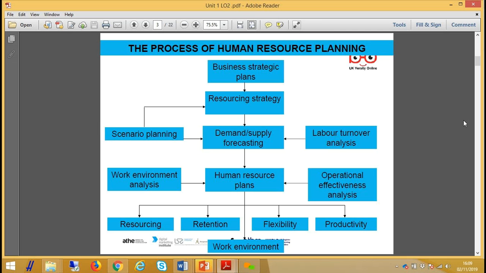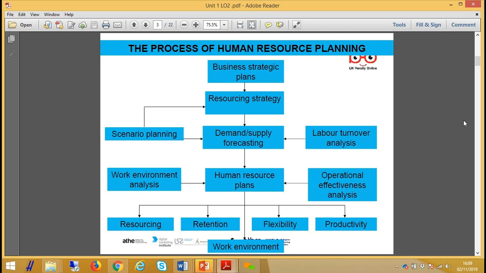So this is a pictorial representation of the process. The obvious place we usually start with is the organization's strategic plan or the business plan. So whatever the organization has prioritized for the next 1 year or 3 years or 5 years as its key priorities and strategy forms the basis of our start point for HR planning.